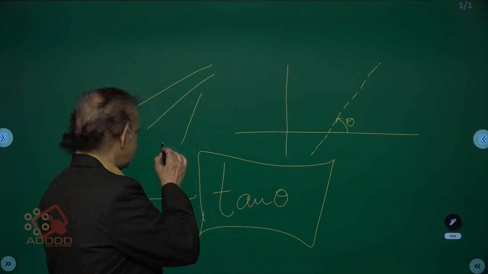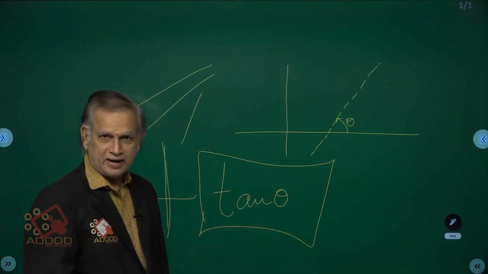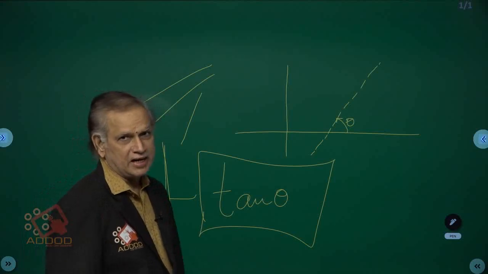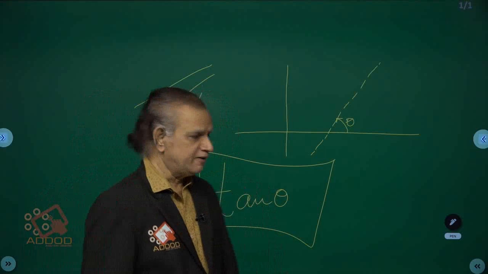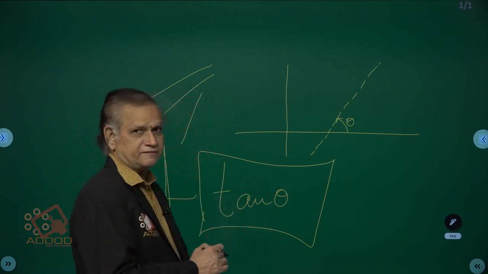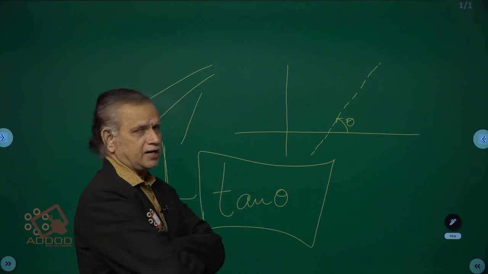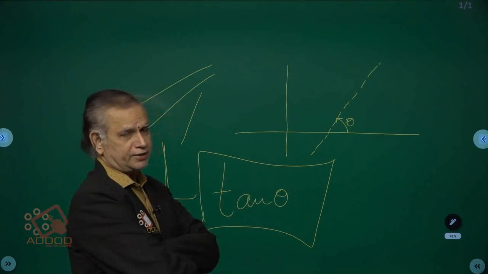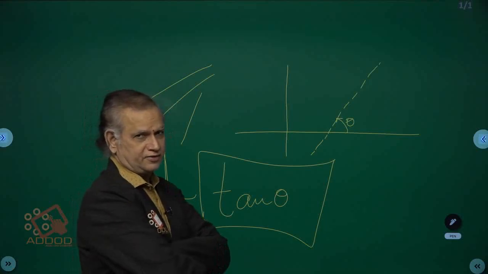To measure it in the case of a vertical line is foolish. That is why we don't define the slope of a vertical line. Even if you apply the definition tan theta for the y-axis or any vertical line, theta is 90 degrees, and tan 90 degrees you cannot have an answer. It tends to infinity.